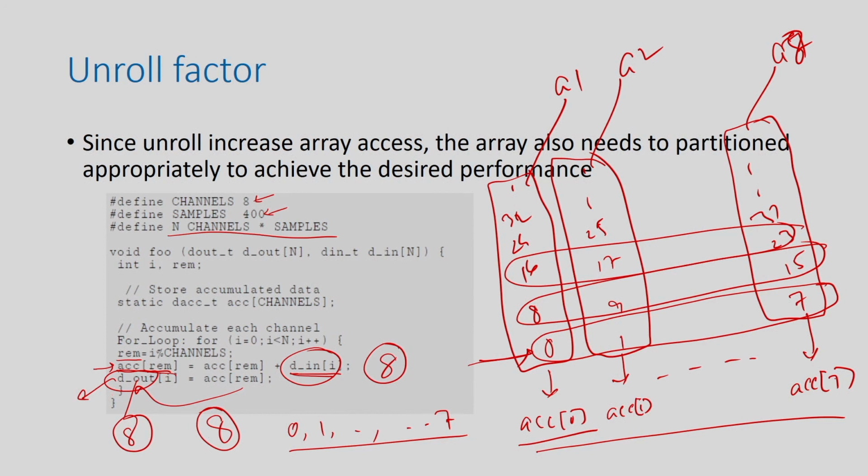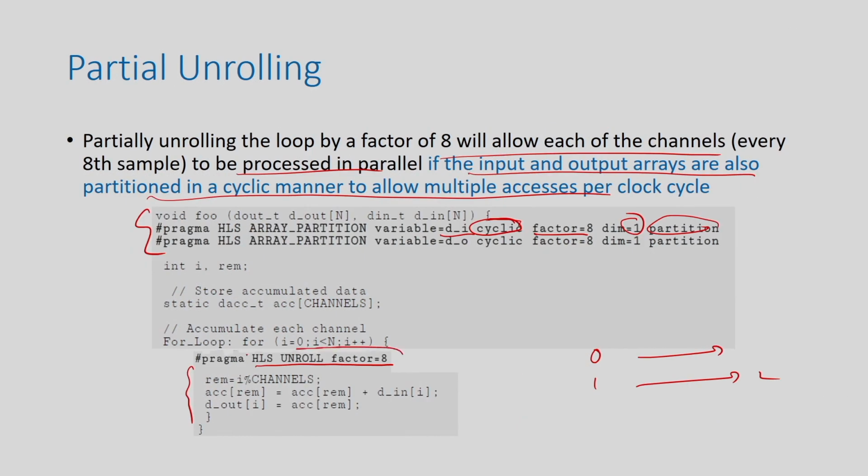If you do both unroll and cyclic partition, then only can you run the 8 iterations of this loop in one cycle, and achieve the desired performance benefit.